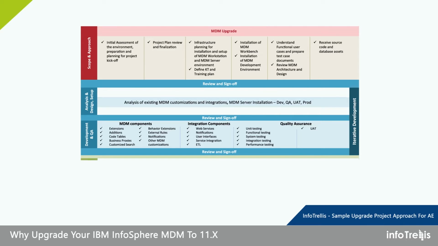Upon completion of the analysis and design phase, development of MDM components incorporating extensions, additions, behavior extensions, and business proxies is executed, followed by testing of these components using our automation tools like InfoTrellis Service Tester, InfoTrellis Batch XML Validator, etc.